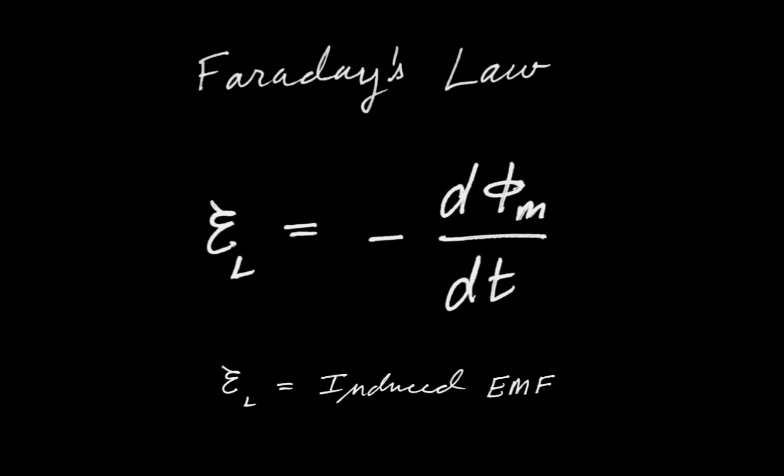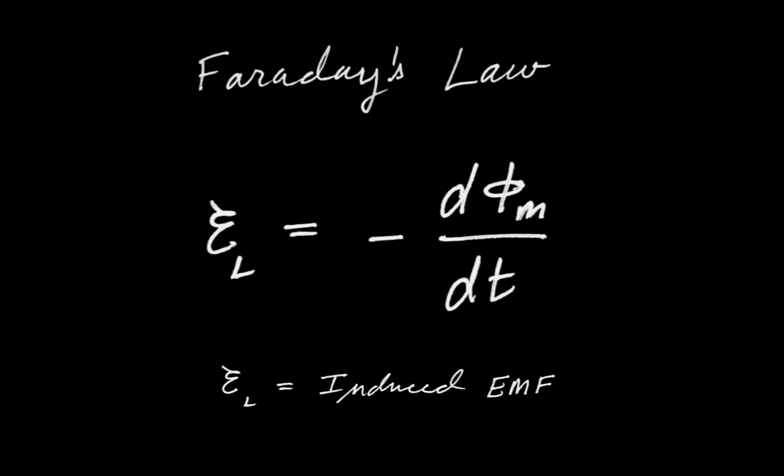What needs to happen is the magnetic flux needs to be changing in time. The magnetic flux integral that I would calculate in any instant in time needs to be increasing or decreasing in order to create an induced EMF.